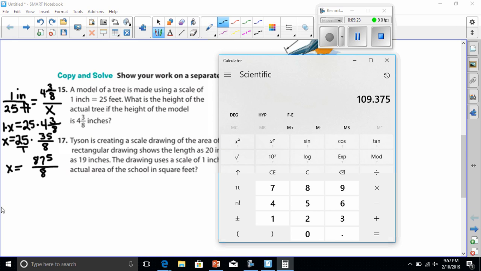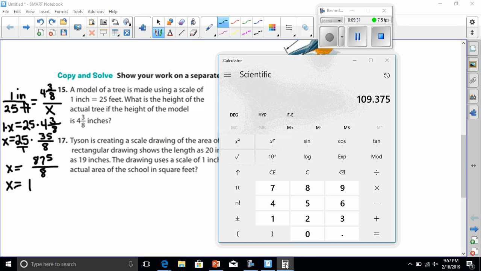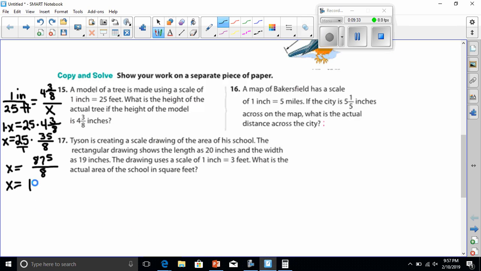So we'll just put x equals 109 and 37 inches. I mean, really, we don't know if that's inches, but if we round it up, we're just going to round it up to feet here. About 109, if we wanted to, 0.37 feet.